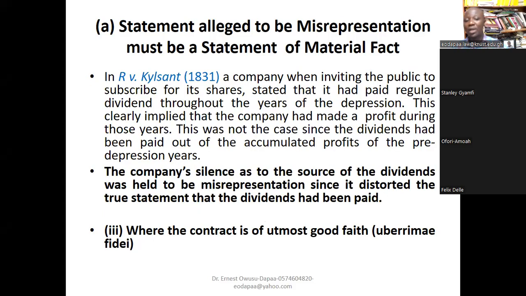And again, three, another instance where silence can give rise to misrepresentation is where the contract is of utmost good faith. That is, you are dealing with what you call the uberrima fidei contract. Uberrima fidei. That is, the contract requires utmost good faith, honesty.